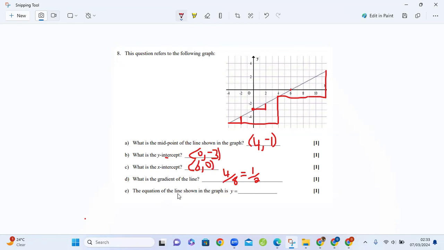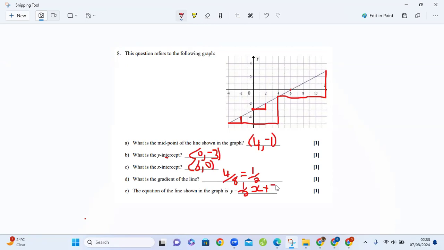The equation of the line shown in the graph. The equation is y equals mx plus c. By the way, m is the letter for gradient, and m is 1/2. So y is equal to a half x plus c. c is the y-intercept, which is -3.